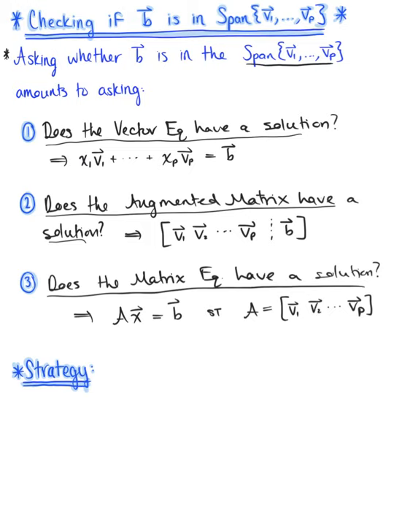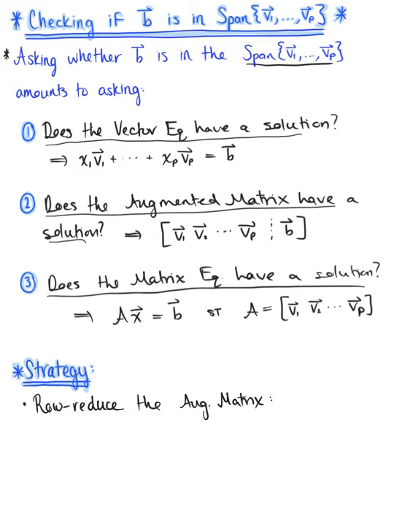So here is a little strategy to check if vector b is in the span of a set of vectors. So keeping those three equivalent forms in mind, the first thing that we want to do is row reduce the augmented matrix.